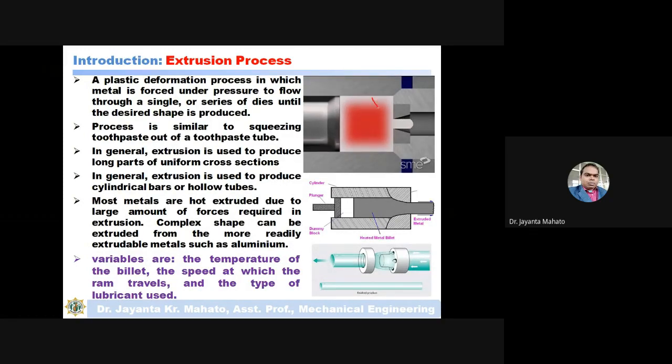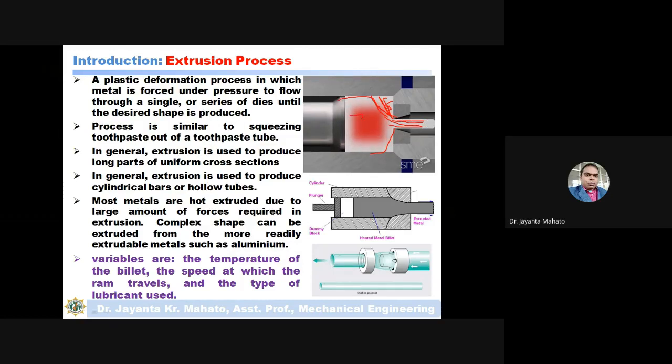So, just see here. In this region, the metal does not flow. The metal will flow just in between, in this region. Metal flows like this.